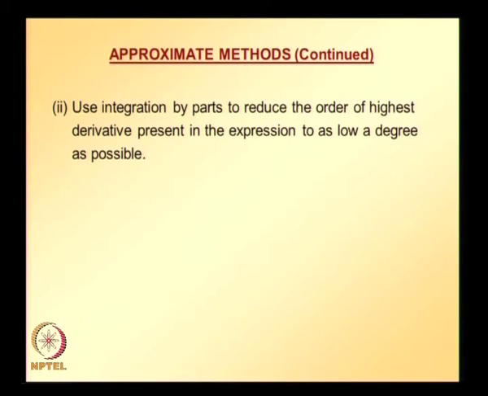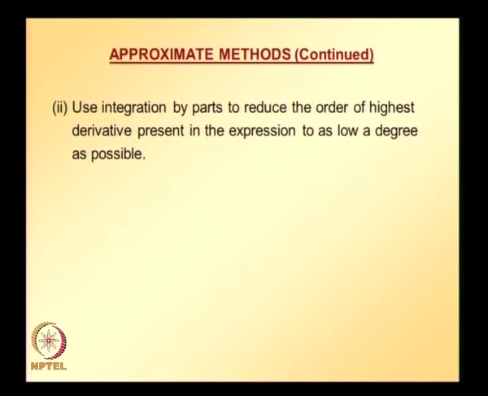If you see the previous equation, we have highest derivative 2. So we can reduce it by one order using integration by parts. Suppose a fourth order derivative is appearing.